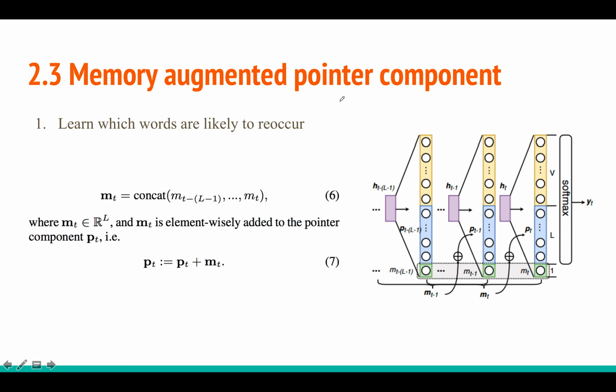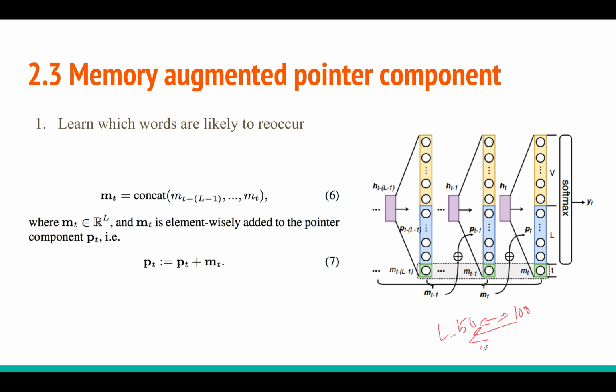Next is the memory augmented pointer component, which is basically to capture the reoccurrence of words, right? What I'm going to do is very simple. You consider the L previous time steps. Let's say you are at time step 100, and if your L is 50, you take from 50 to 100.